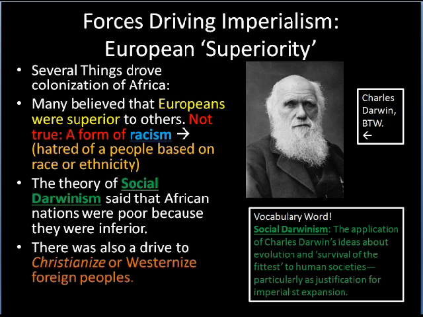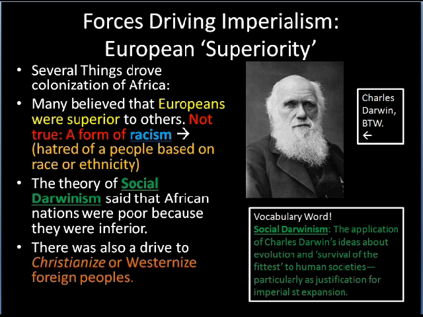And they did this mostly because of the second thing here, the theory of social Darwinism. Social Darwinism basically said to the Europeans that African nations were poor because they were inferior. Specifically, they're applying Charles Darwin's ideas about evolution and survival of the fittest. A lot of you guys have heard that term in biology class when you talk about evolution, but this is being applied to human society.